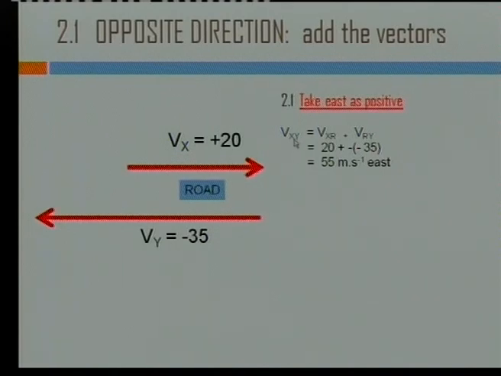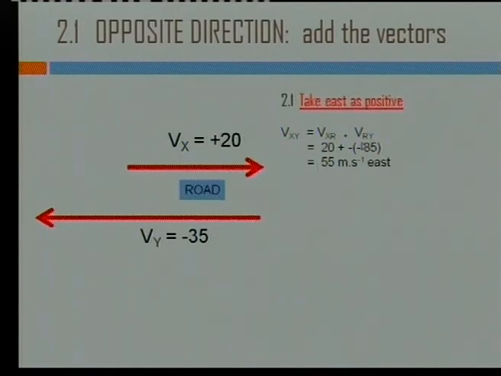The first one with regard to the road, and then the road with regard to the second one. So, the velocity of x relative to the road, from the road's perspective, is going that way. So it's plus 20.